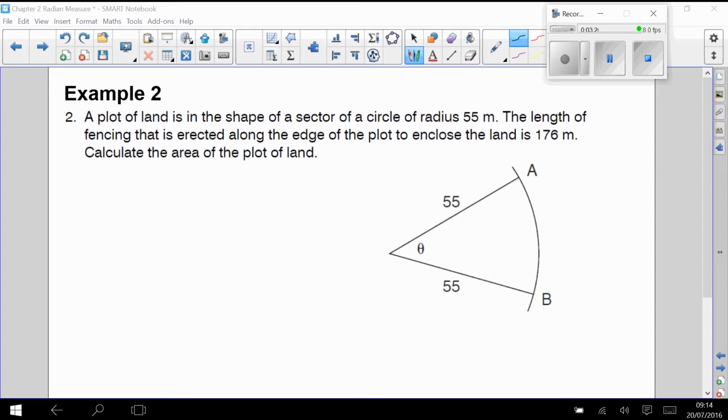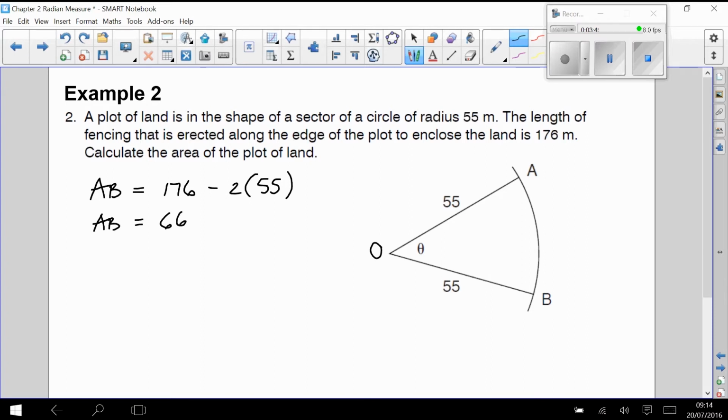But I've already used 55 meters from the center to A and from the center to B. So that stands to reason that the part that is left over that I don't know the measurement of the fencing is going to be the 176 minus the 55 plus 55 measurements of fencing that I've already used. So the measurement from A to B is in fact going to be 66 meters.